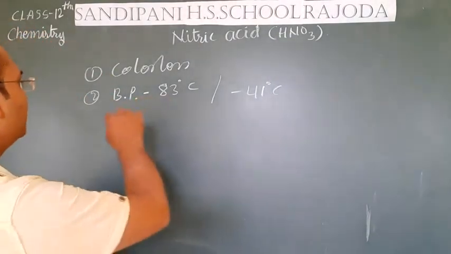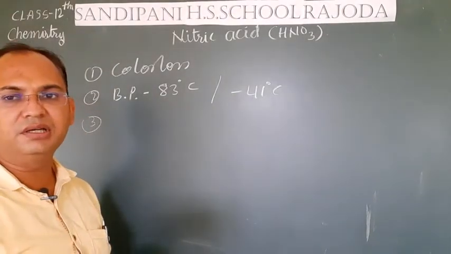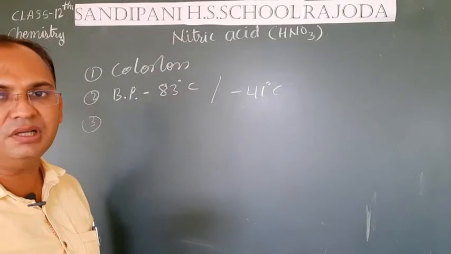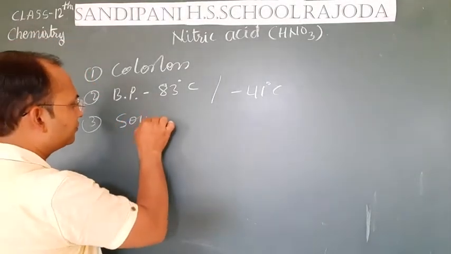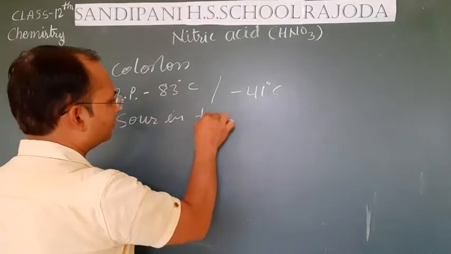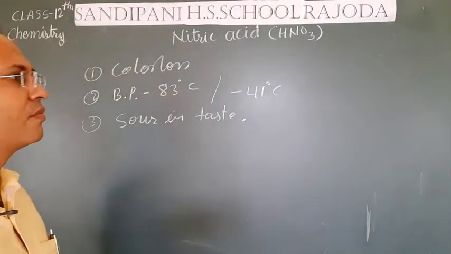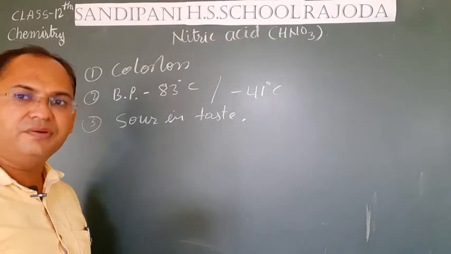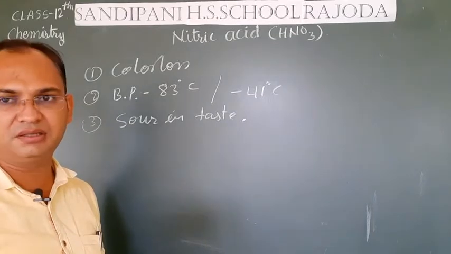Next important property is its taste. Obviously, if it is an acid, then it will taste sour. So its taste will be sour. If you consider the smell, then it has a very sharp pungent smell.